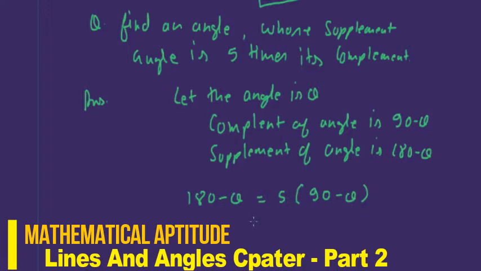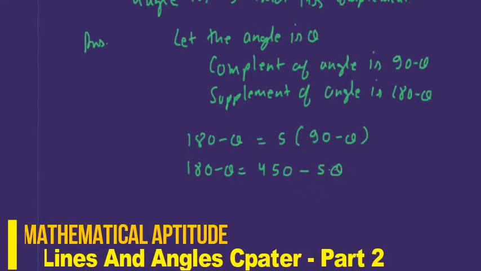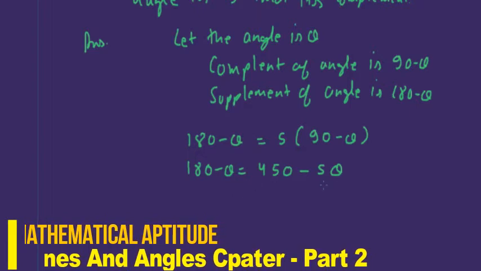Now we solve this equation. 180 minus theta equals 5 into 90, that is 450, minus 5 theta. Now we put the variables on one side and the constants on the other side.